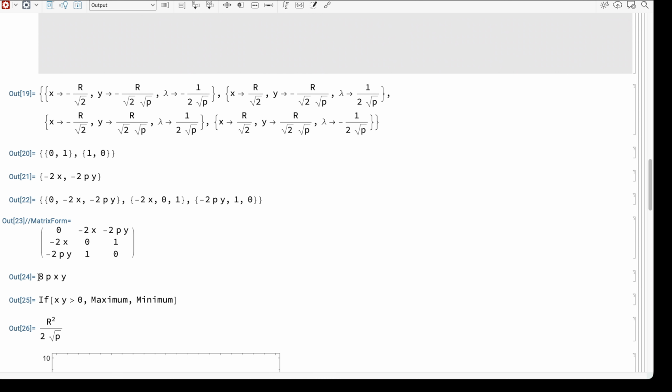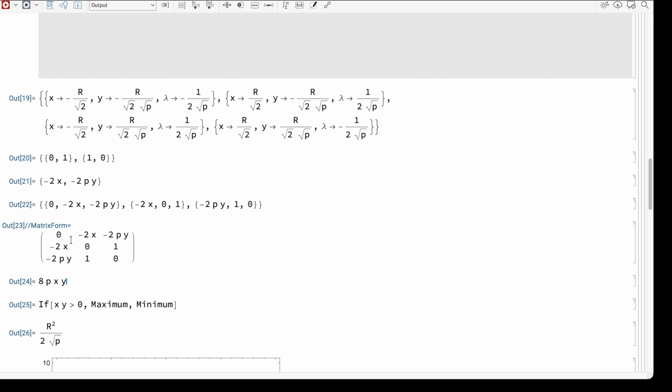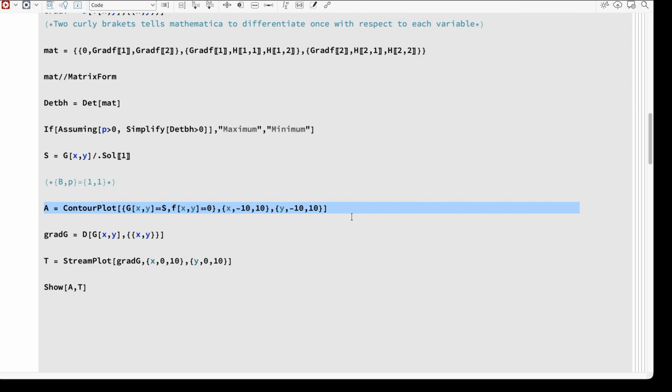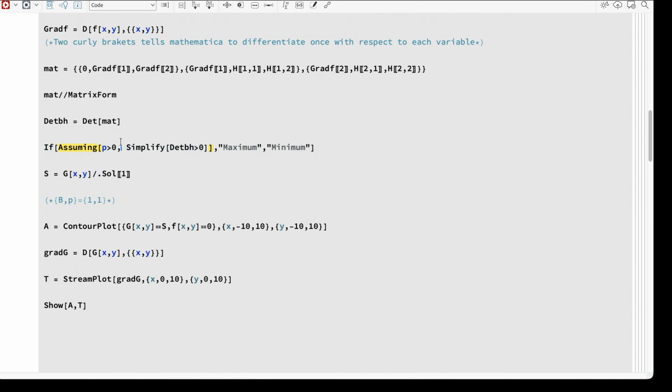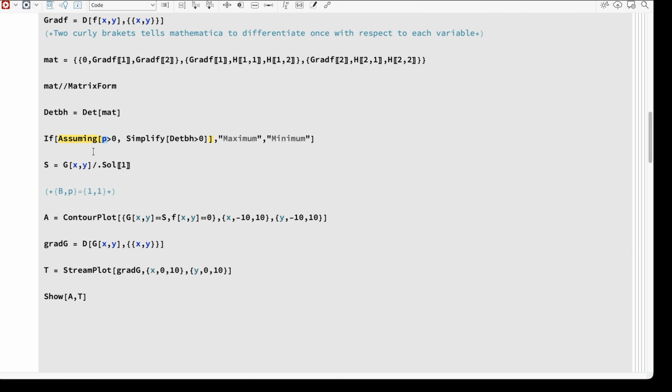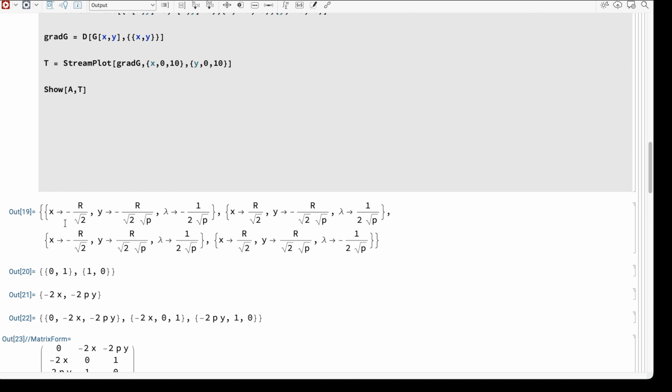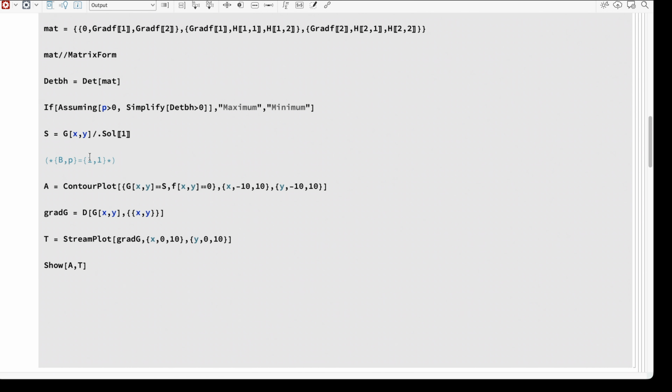So going back to our if statement, if assuming p is greater than 0, simplify the determinant. Because the determinant is now a function, I guess, or it's a value which has x and y, that if statement no longer is true because we need to sub in the x and y's that we get from solving the first order derivatives.